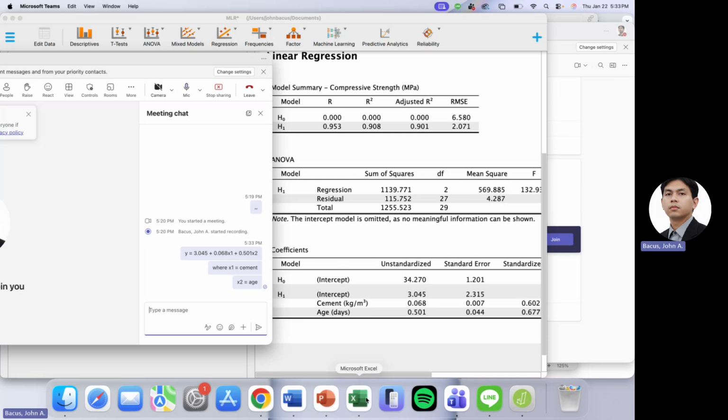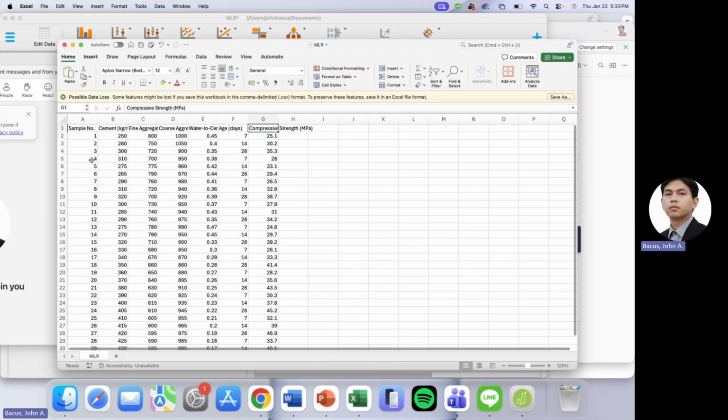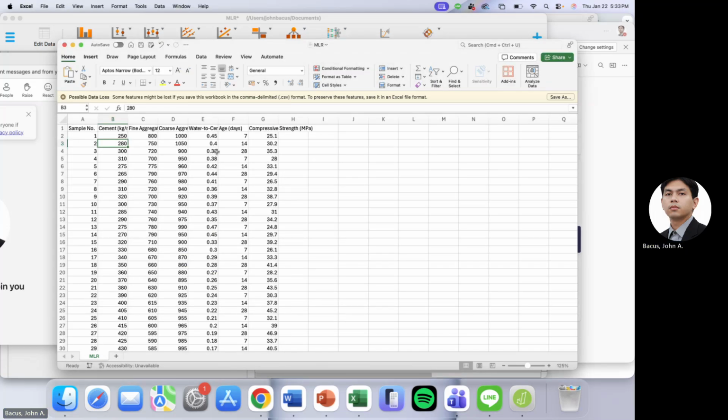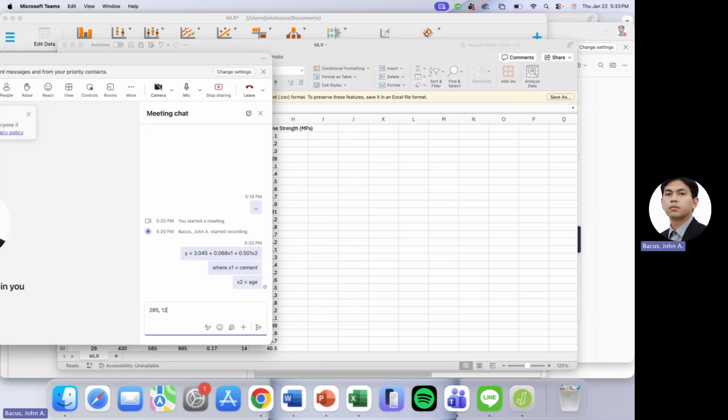So, x1 where x1 is the cement and h is the x2. Ayan siya. So, for example, our cement value is around 285. And then, ang H natin is 12.5.